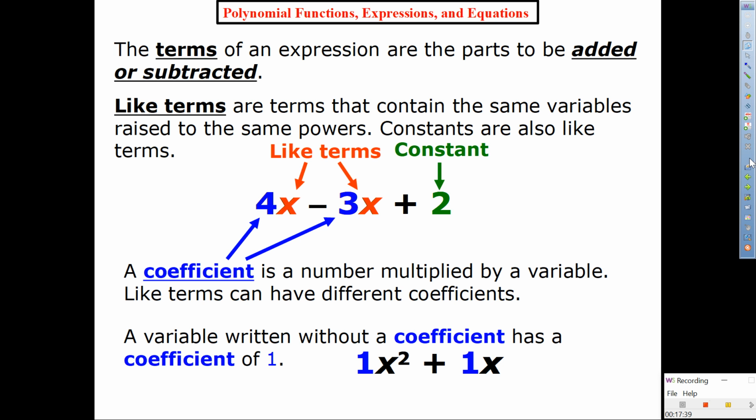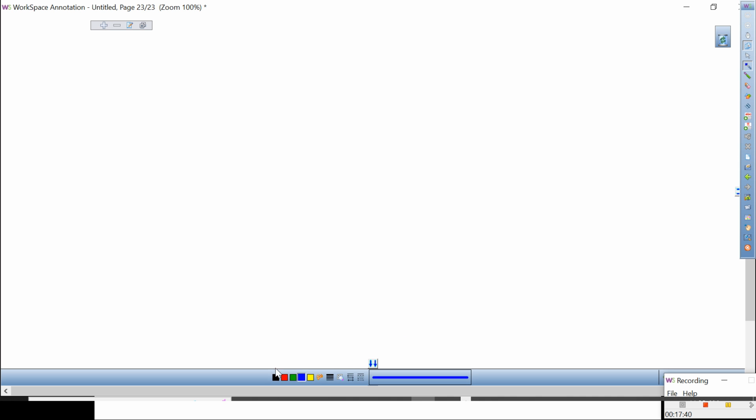Next, 2 more things. Whenever I give you a variable, look up. If it doesn't have an exponent, we know that it's an invisible 1. Cannot be 0 because then it wouldn't exist. So it has to be 1. And last but not least, look up please, degree.